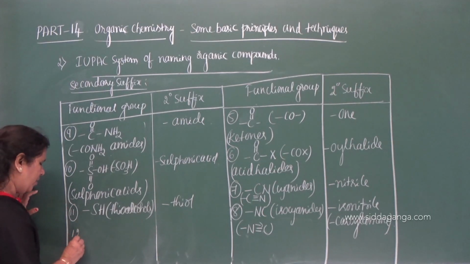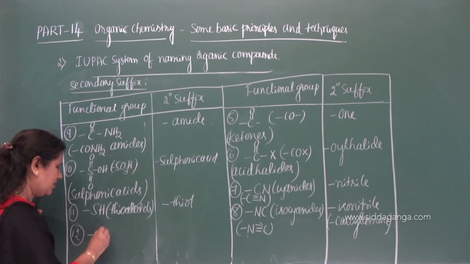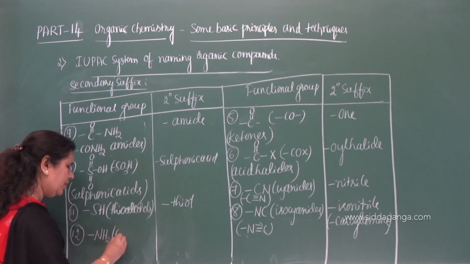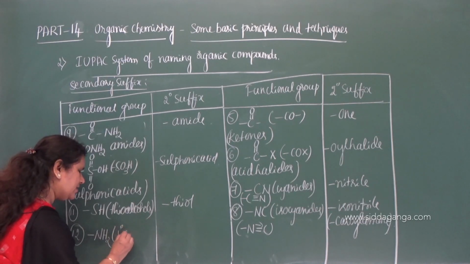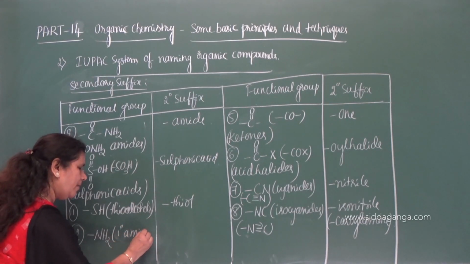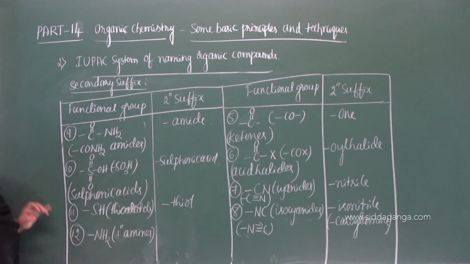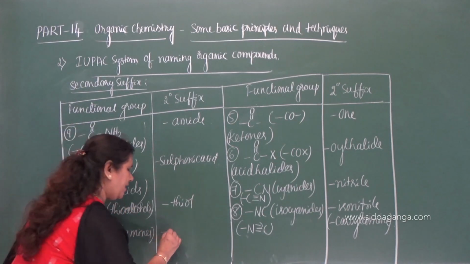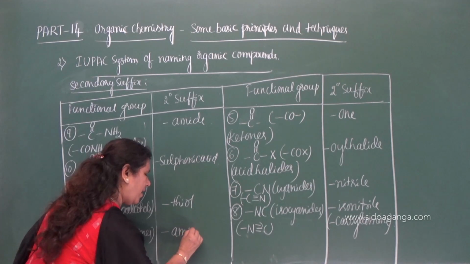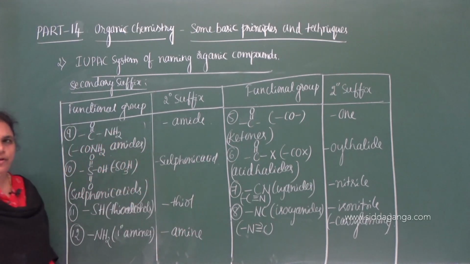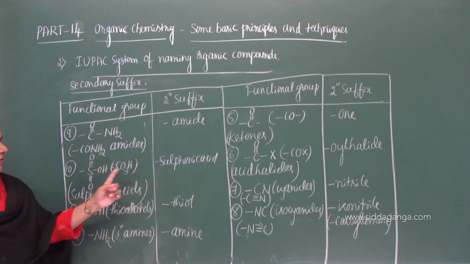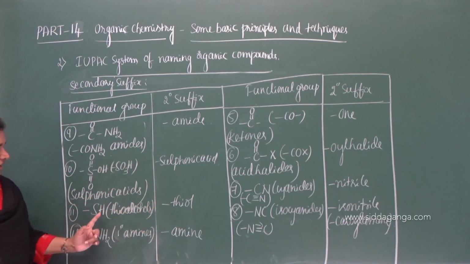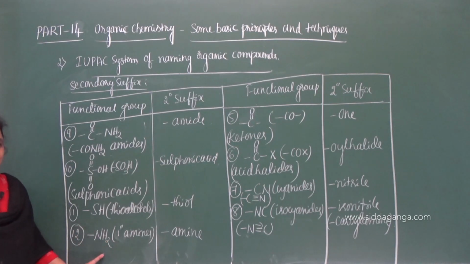And the 12th one is NH2. You know that it is the functional group of primary amines, and the secondary suffix will be amine itself. So this is amide, sulfonic acid, thiol if SH is present, and if NH2 is present, then it is amine.